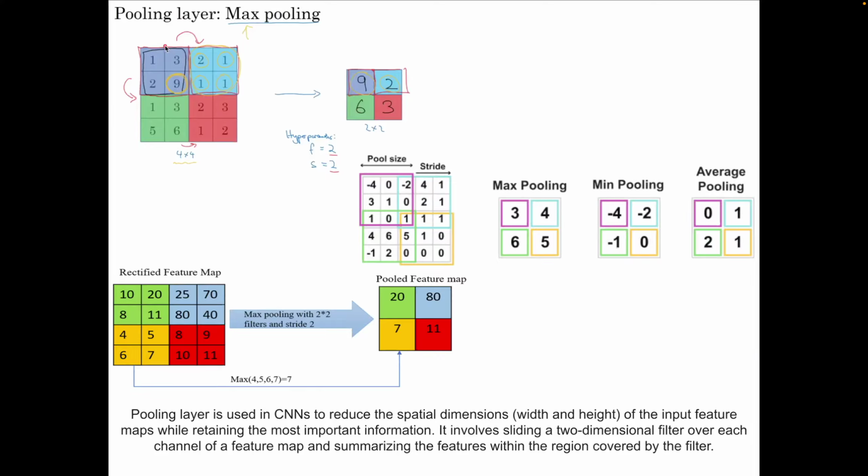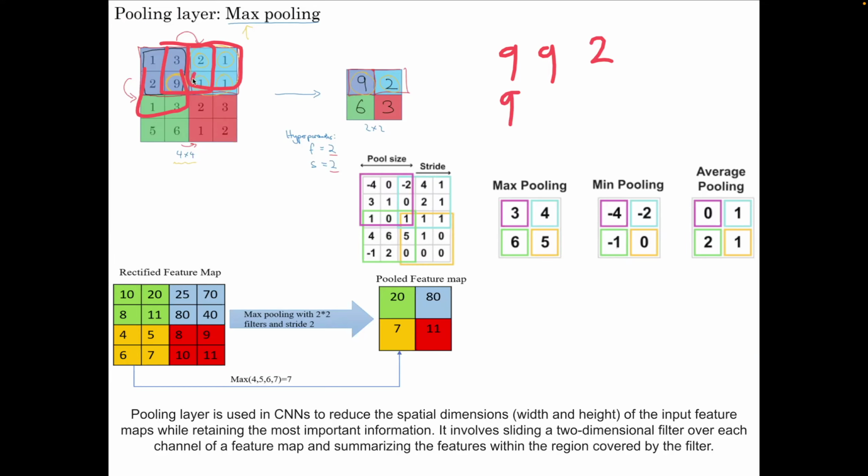Or even if we want to move one stride at a time, the most important value here is 9. So we have 9. We move one stride here, then the biggest here is still 9. We move one stride, which is going to be here. The biggest is 2. We move one stride under. The biggest is 9.